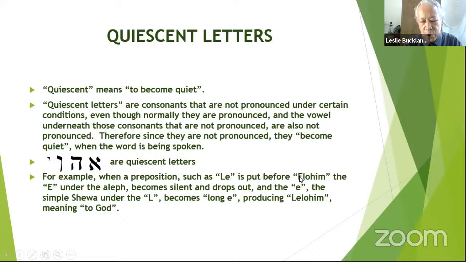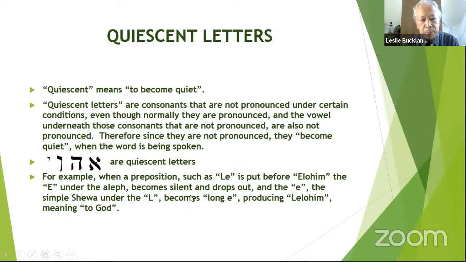The Katef Segol, this composite Shawa, the combination of the simple Shawa and the Segol, has dropped out. So what has replaced it is the preposition Lameth Sire, or Le, and the part of the word that remains is L-O-H-I-M, Lelohim, meaning to God.